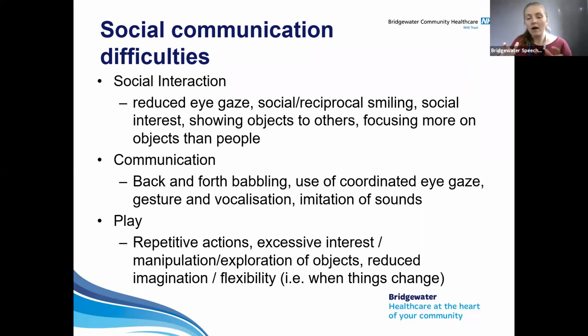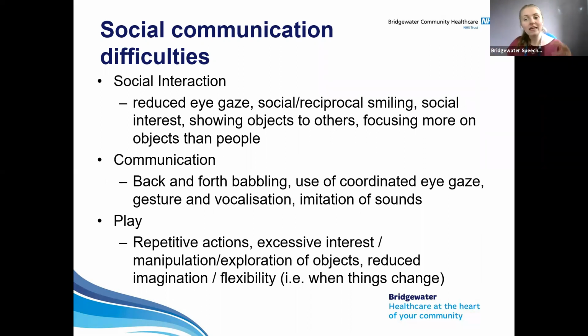So these children might show limited pretending in their play and might not always use the objects for a functional purpose. It doesn't matter what it is, it could be a train, a sponge, a pencil, a car, they will throw it. And so in that sense, they're not yet at that stage of playing functionally with those objects. But you might start to notice that they do sometimes show those skills, which shows that they're moving on.